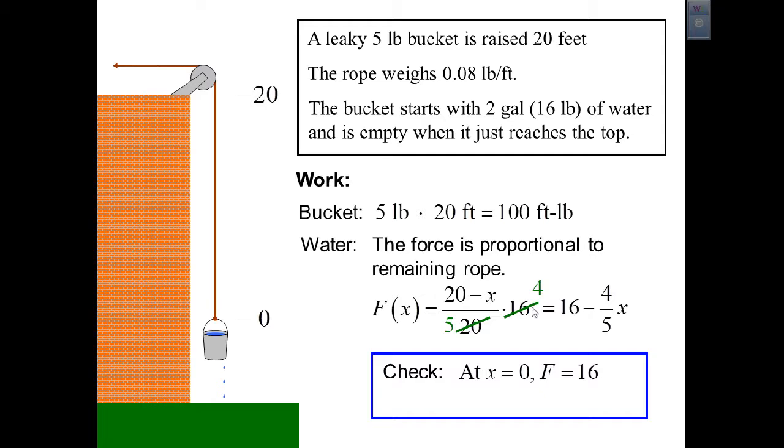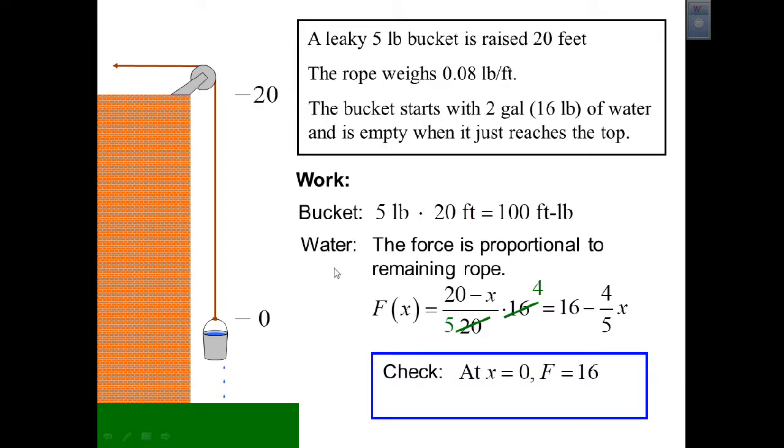And you can double check this by saying, okay, at x equals 0, the weight of the bucket would be 16 pounds. That's what we're starting off with. So at 20, we should end up with absolutely nothing for the force of the water. This is the force of the water only. Remember, we've already talked about the bucket.